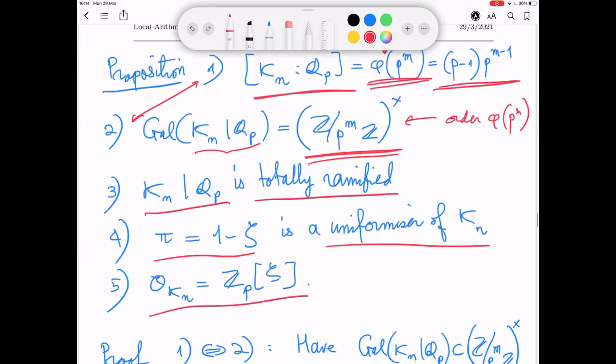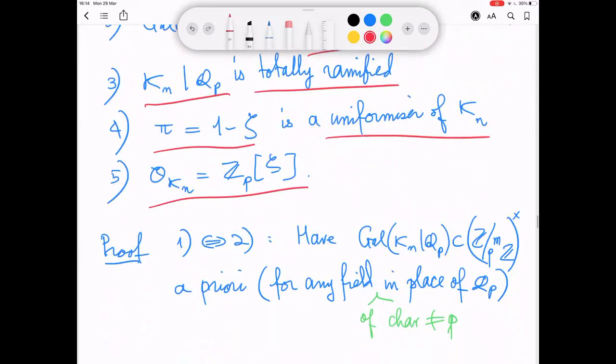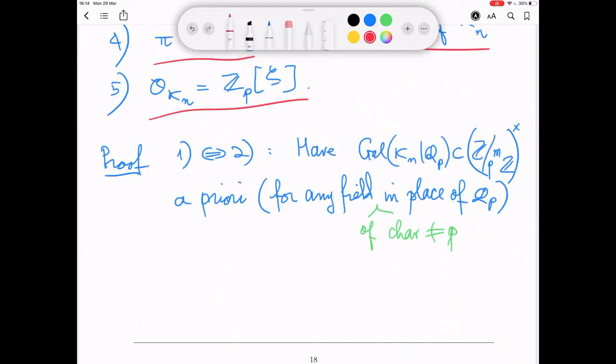So these two statements, 1 and 2, are equivalent, right? Because in general, when you adjoin p^m-th roots of unity, the Galois group is going to be a subgroup of (Z mod p^m Z) star by what is known as the cyclotomic character.